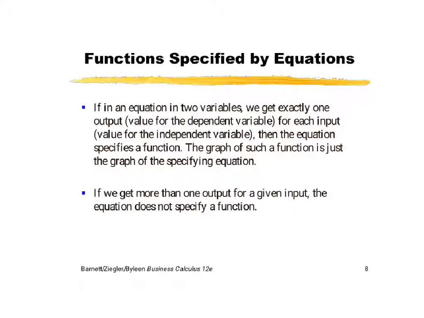Point 2, if we get more than one output for a given input, the equation does not specify a function. So we should receive one output for every input, not two outputs for one input. If we get one output for each input, then it specifies a function. If I input a value and I get two values back, that does not represent a function.